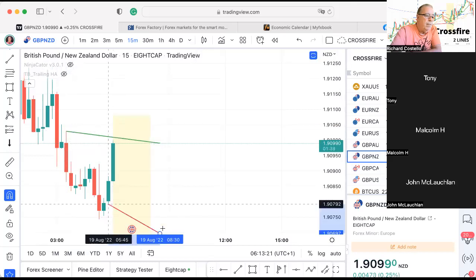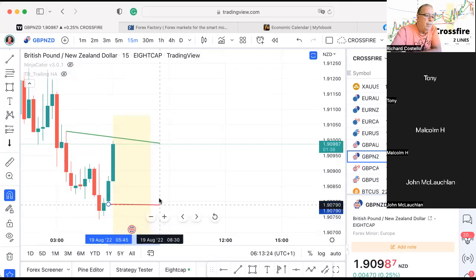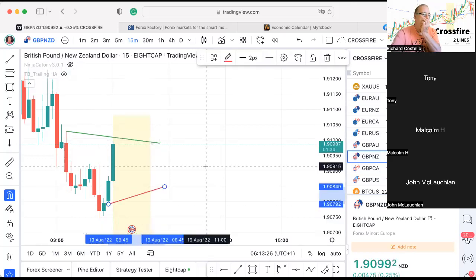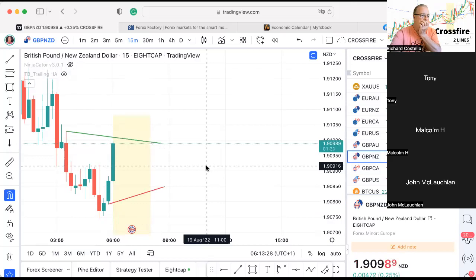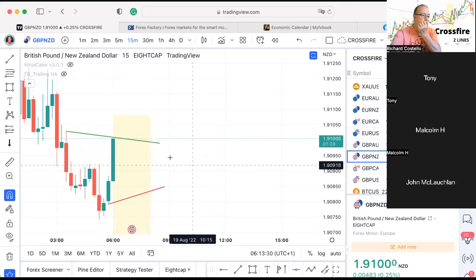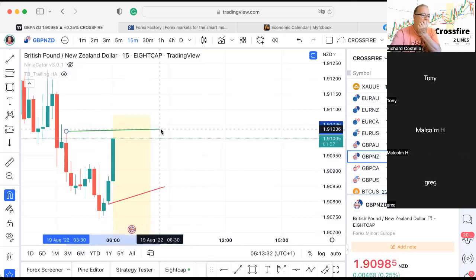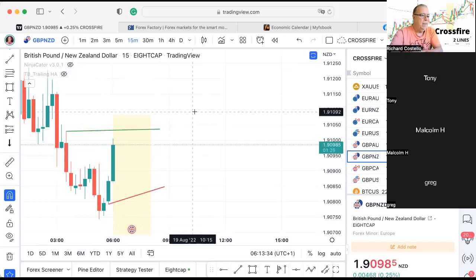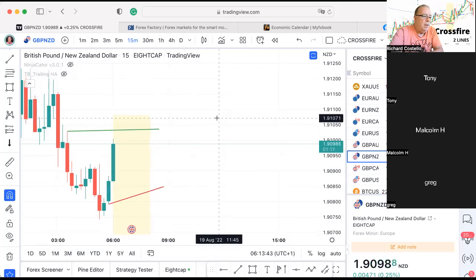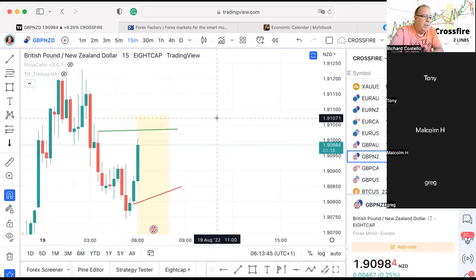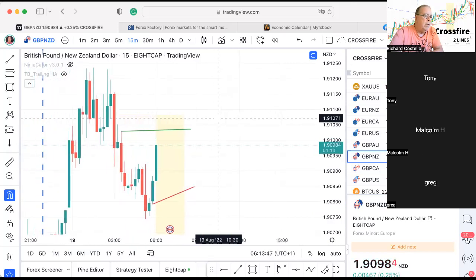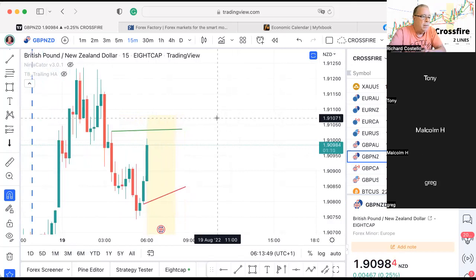That one there. It all depends on the broker, Richard. It's amazing. Because I use FXCM as the MetaTrader 4, I obviously use their feed. Whereas you use the 8-cap, and there are differences. Yeah, they'll all produce very slightly different numbers on your screen, and that's just down to how they capture the data.